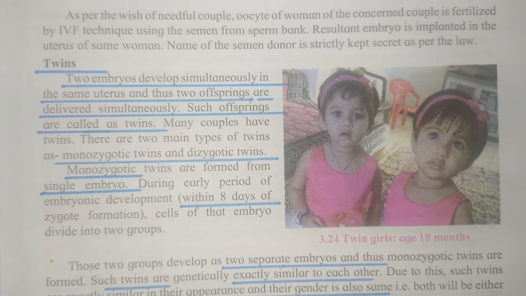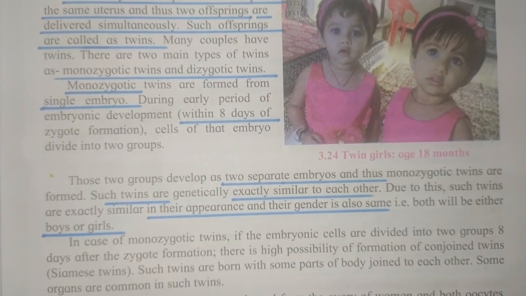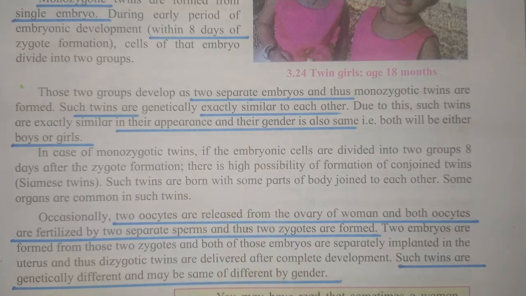In case of monozygotic twins, if the embryonic cells are divided into two groups 8 days after the zygote formation, not within 8 days, there is high possibility of formation of conjoined twins, means जोडलेली बाळ. Such twins are also called Siamese twins. मराठीमध्ये आपण जोडलेली बाळ असं म्हणतो.